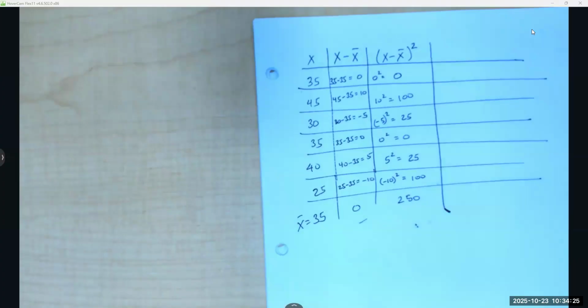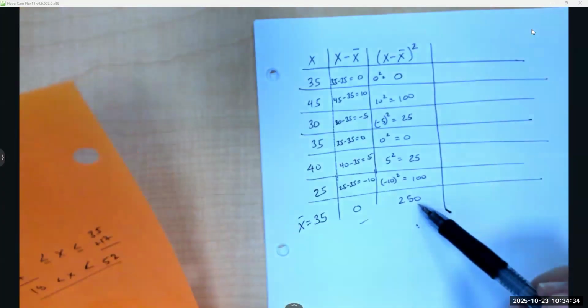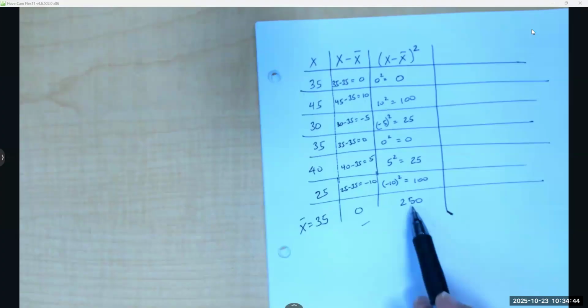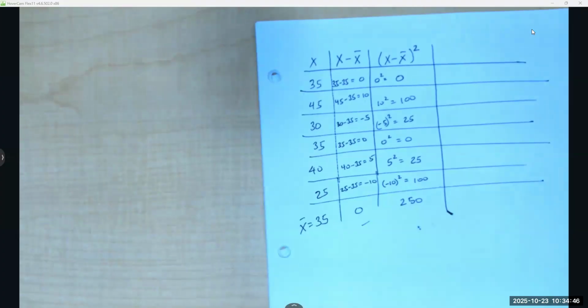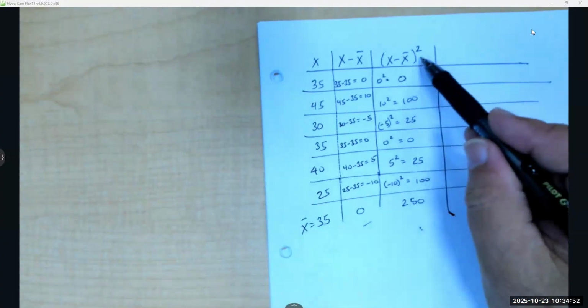Now, looking at this number and looking at the last one, that's a good indication of which one's better. This is smaller, so brand B is a lot better. It's going to give us a better idea when we have to start painting our house again. What this one tells us? Nothing just yet, but it's a smaller number. So what do we do now? We have the x minus x bar squared.